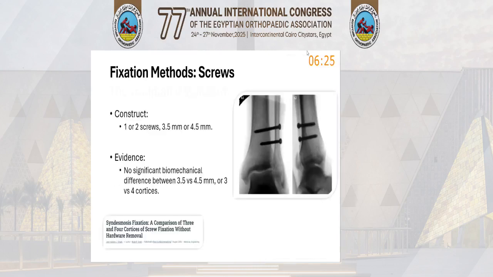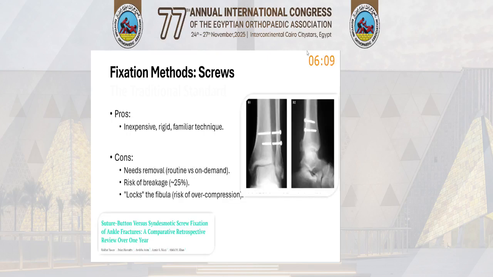How to fix? This is always the debatable issue. Construct one or two screws, 3.5 or 4.5. Still no significant biomechanical differences between 3.5 or 4.5, three or four cortices. What about the use of screws? It's effective, rigid, and we are all familiar with its use.